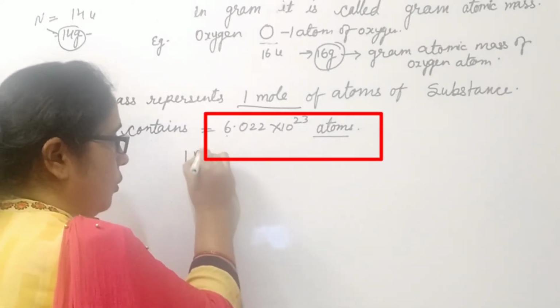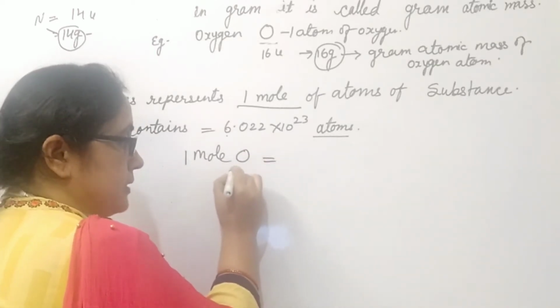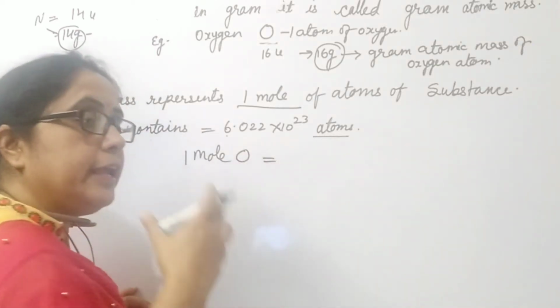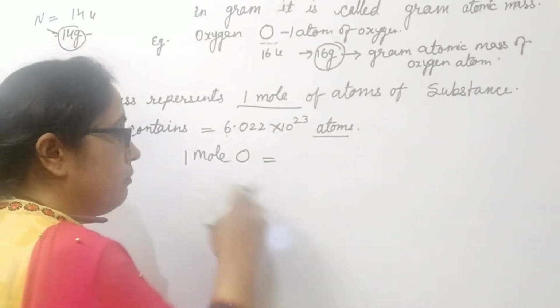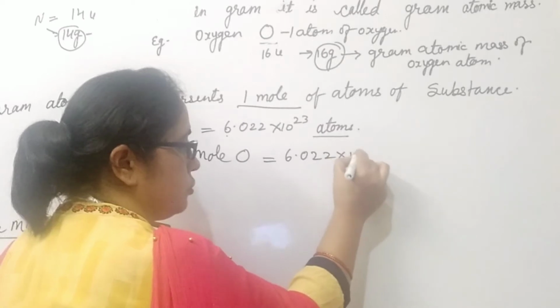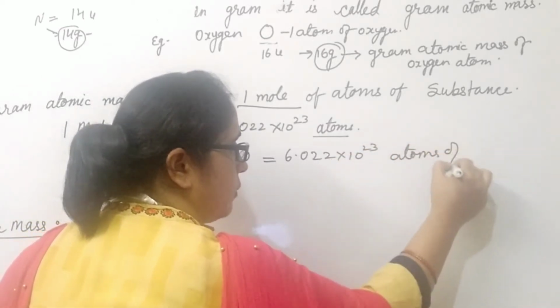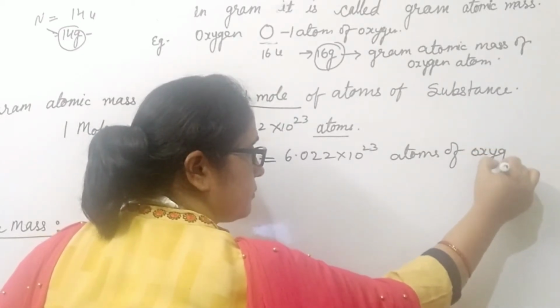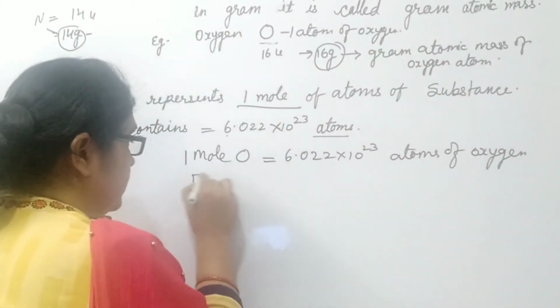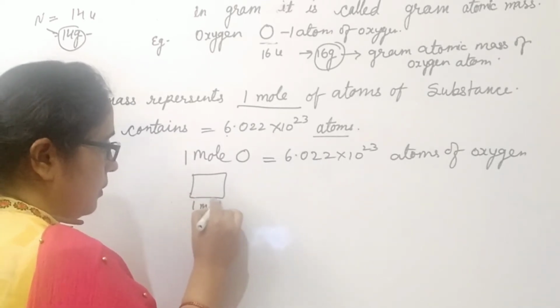If it is 1 mole of oxygen, how many oxygen atoms are present in 1 mole? That is 6.022 into 10 to the power 23 atoms of oxygen. Suppose this is a box and this represents the 1 mole.